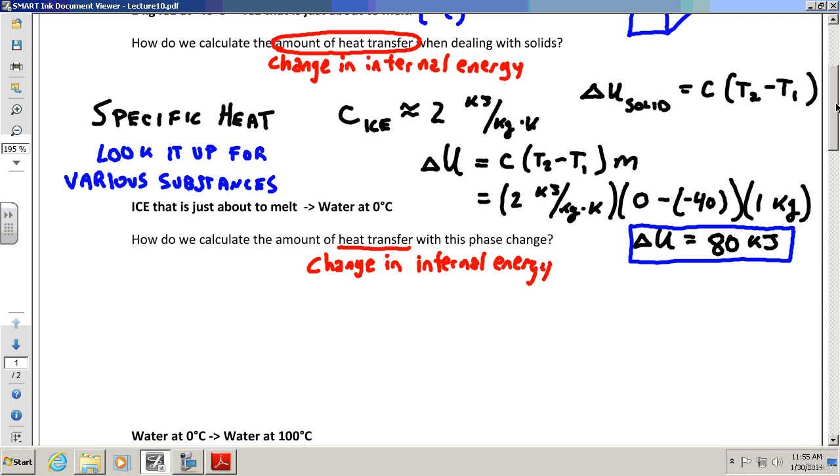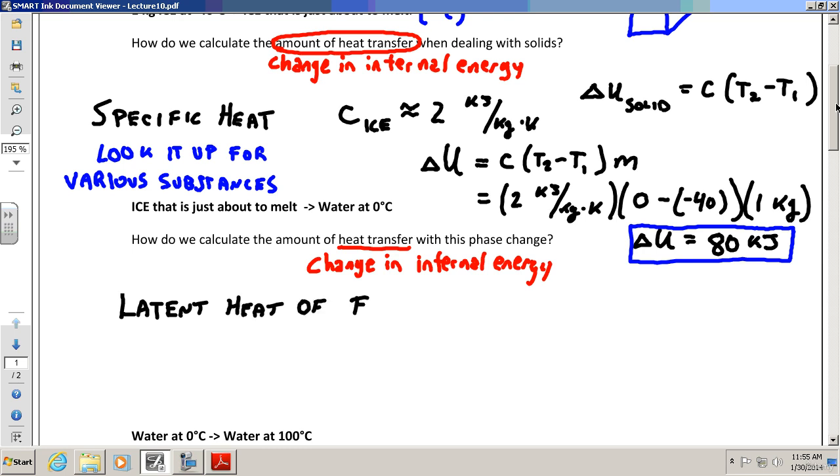Now we have a phase change. Notice we don't have a temperature change, but we have a phase change. There's a term for calculating this amount of change in internal energy. It's called the latent heat of fusion.